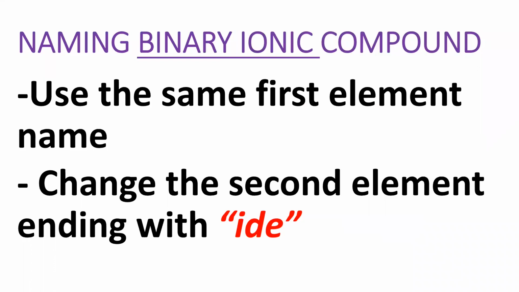In a binary ionic compound, you have to change the ending sound by adding IDE. So if that is bromine, it will turn into bromide. If that is sulfur, then it will turn into sulfide.